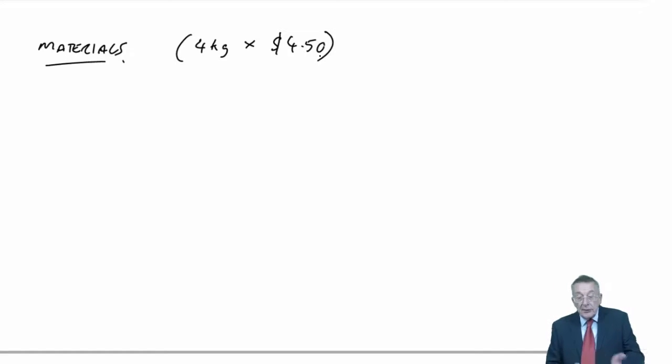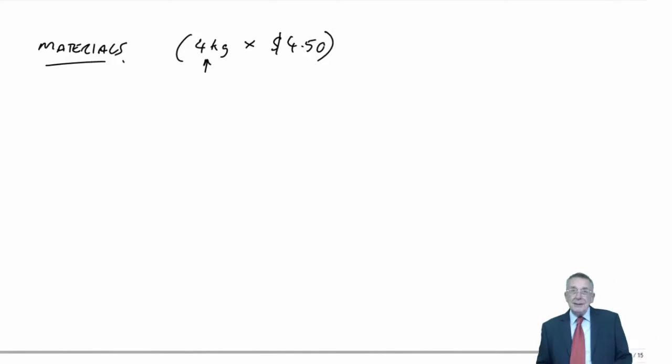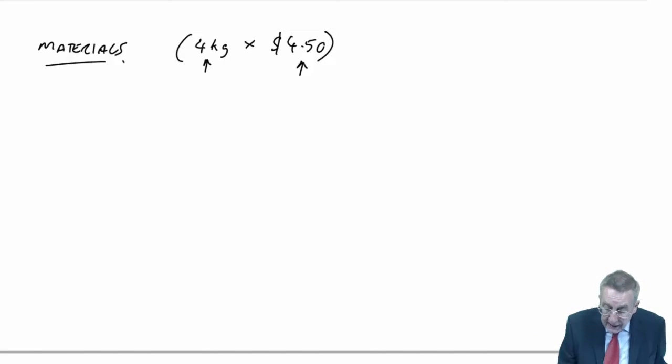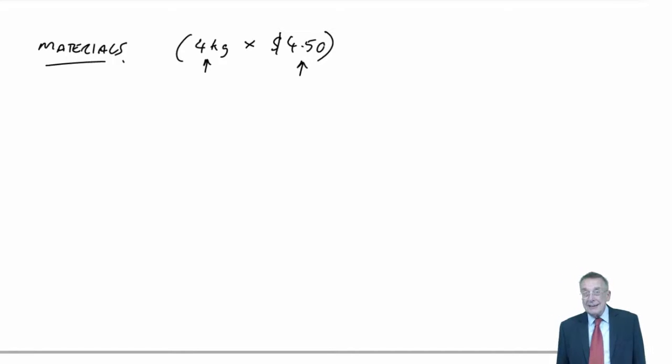And if either of those two figures end up being different, then the cost per unit will be different. And so we're going to look at the two separately. We're going to look and see, well, did we use 4 kilos a unit or not? And separately, did we pay $4.50 a kilo or not? So look at the two separately.